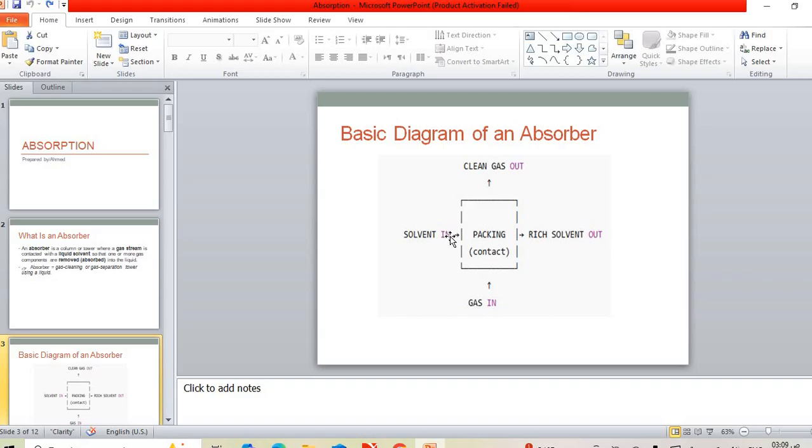The solvent comes from the top, and then both are in contact together on the packing bed, which is responsible for increasing the surface area of contact and the mass transfer. Then the clean gas goes out from the top, and the rich solvent has the dissolved contaminant gases in it.